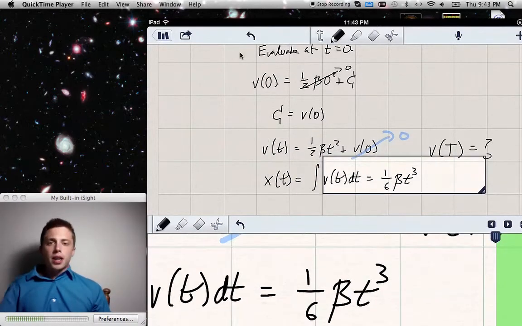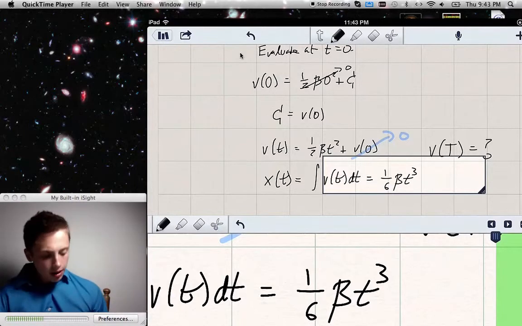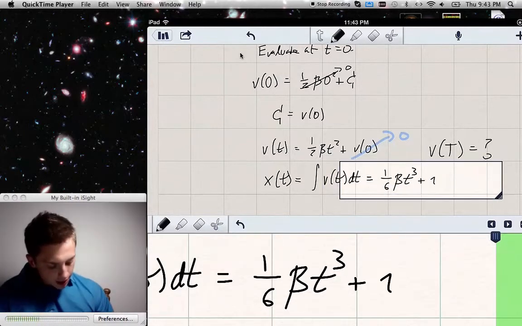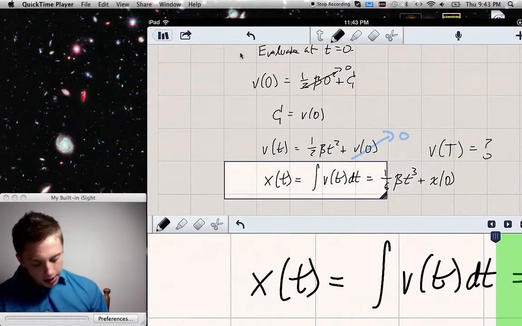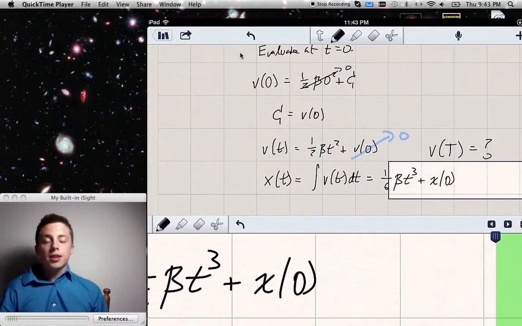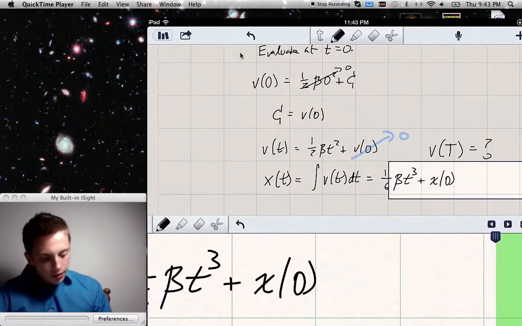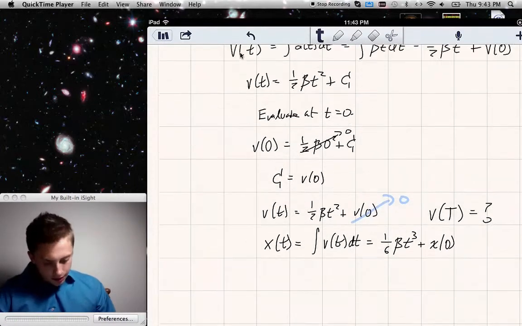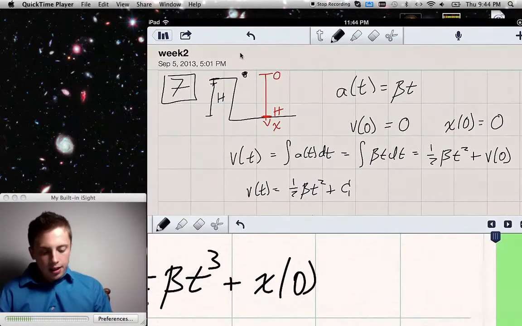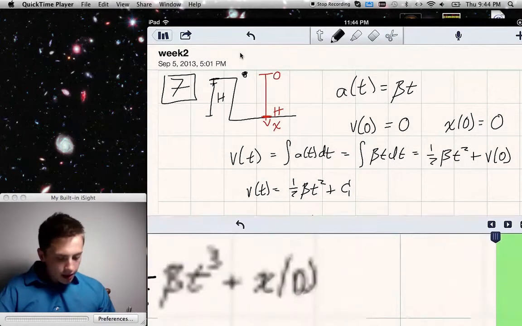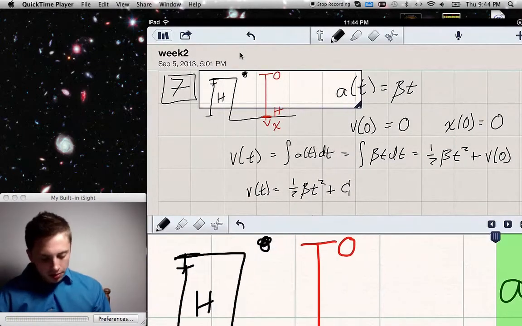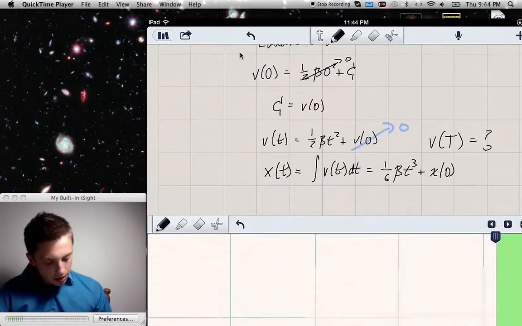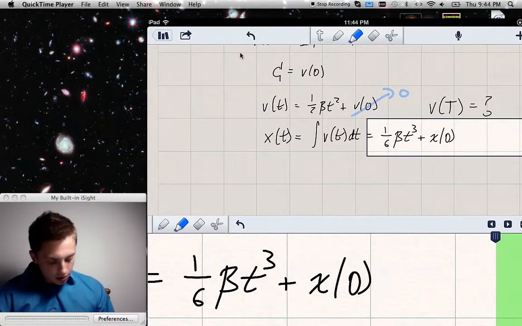If you're not sure of that, please take some time to review that integration. And the integration here is going to be this function x evaluated at 0, the constant of integration. Looking at our coordinate system will tell us what x is at time t equal to 0. And, well, it's 0. Okay? So we go ahead and cross this out and put a 0.